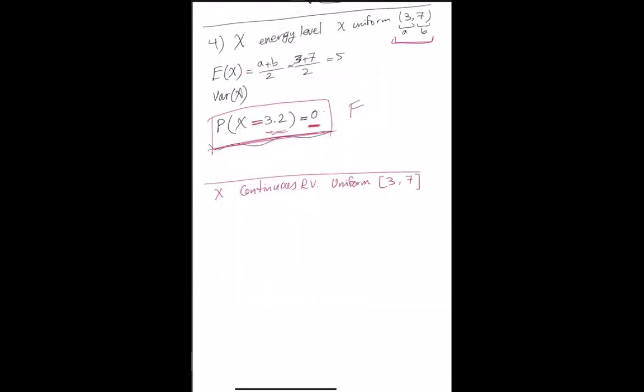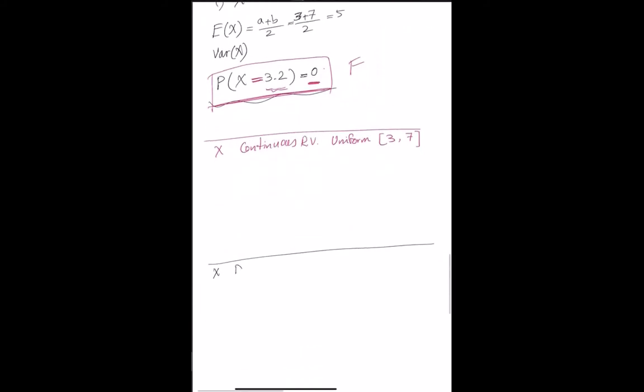In the other scenario, I can tell you x is a discrete random variable, and x has also a discrete uniform distribution between 3 and 7. Okay, so this is A, this is B, this is A, this is B. One random variable is discrete, which we learned in module 2. One random variable is continuous. Okay.